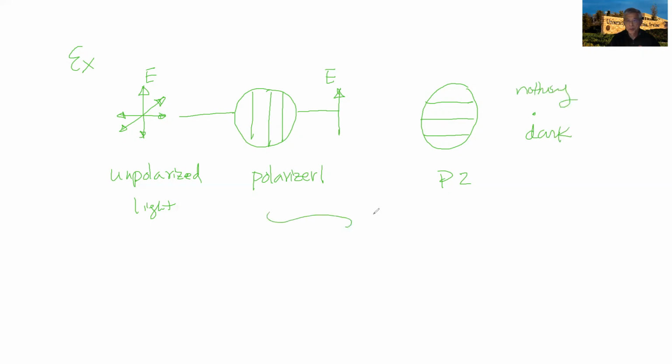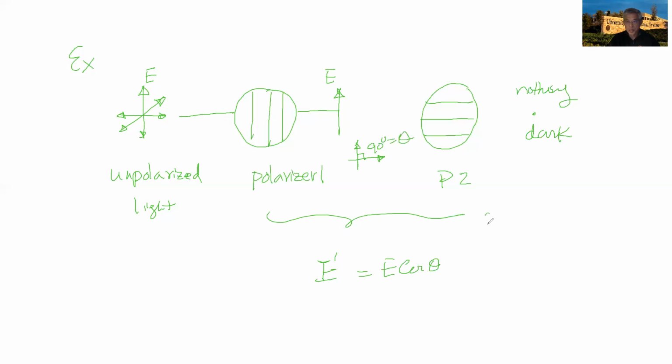You can also use I, or you can use E prime. E prime is equal to E cosine theta, and theta is 90 degrees, the direction of this one versus this one here. That's your theta right there.